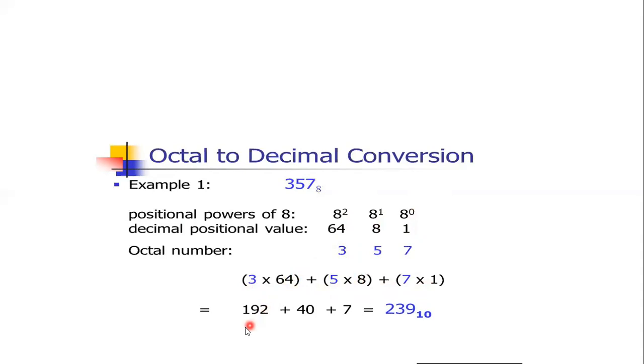So 3 into 64 is 192, 5 into 8 is 40, 7 into 1 is 7. Therefore, 192 plus 40 plus 7 equals 239. So the equivalent decimal value for the octal number 357 is 239.